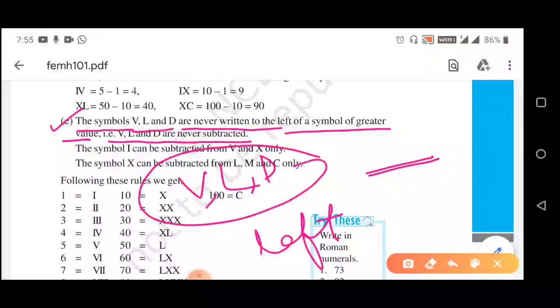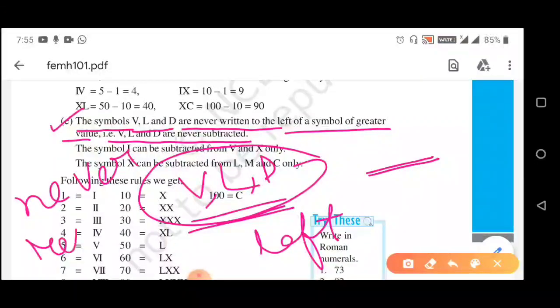We always use these letters on the right side, not on the left side of a greater value. And therefore V, L and D are never subtracted. And we also know V, L, D are never repeated.